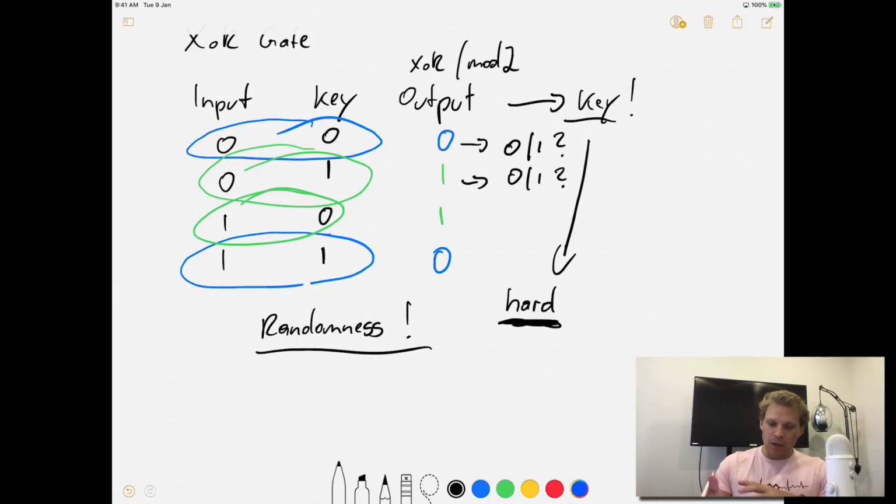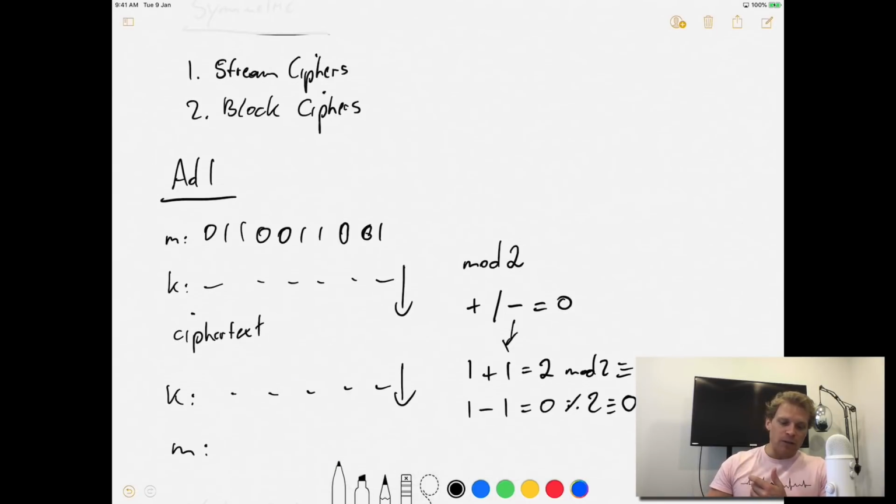Right? But this is where the hard part comes, how to generate that. And obviously, there's a lot of pseudo-random number generators involved in this because you need to have a key stream that's obviously predictable on both ends, but it still has to be random. But we're not going to be discussing this right now. I want you to understand how these stream ciphers work.